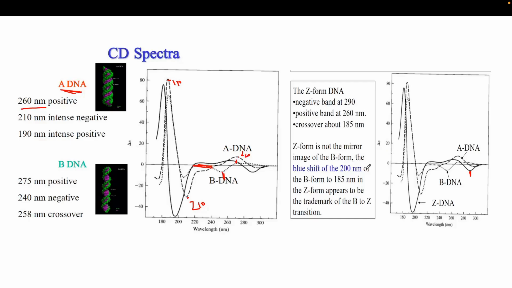The blue shift of the B form's 200 nanometer feature to the Z form's 185 nanometers appears to be the trademark of the B to Z transition.